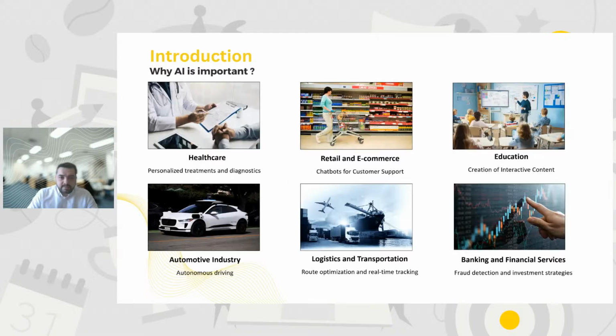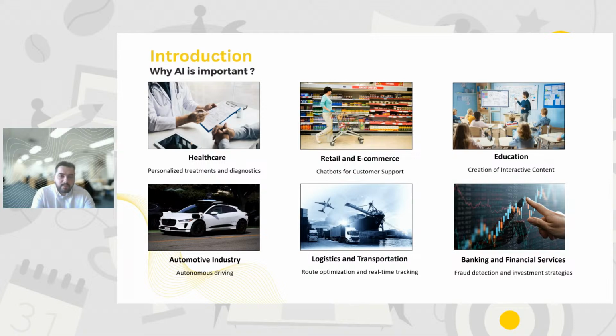Next slide. Here we have why AI is important. As we can see, it's applicable in a lot of areas. For example, in healthcare, we can personalize treatments and diagnosis for sick people. Then in retail and e-commerce, with chatbots for customer support.